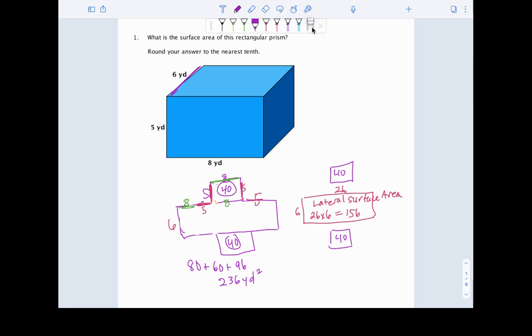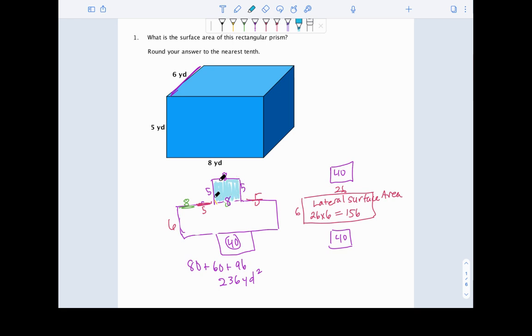Now, if we look at the inside here, let's take a look at that 8 by 5 rectangle. I'm going to redraw it because right now I've messed it up so much. So 8 by 5. This is 5, this is 8, this is 5, this is 8. We'll call this our base.